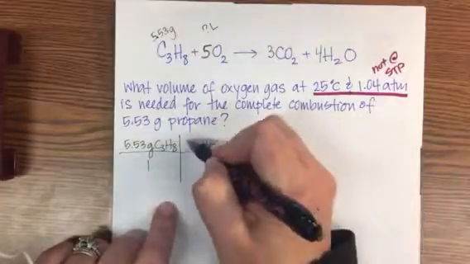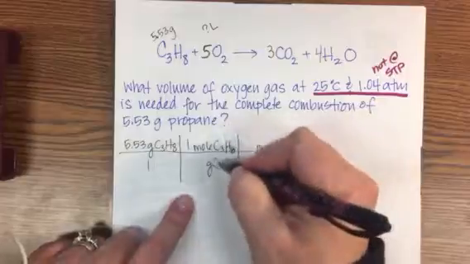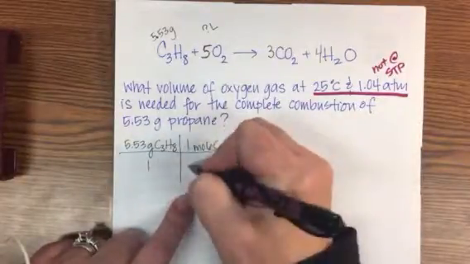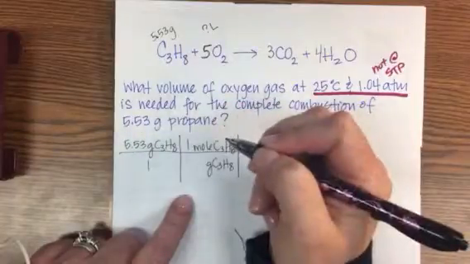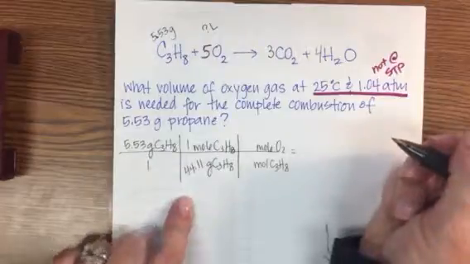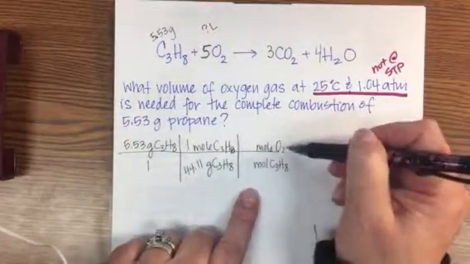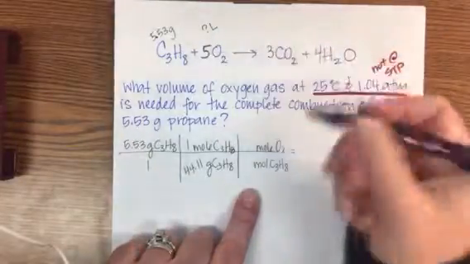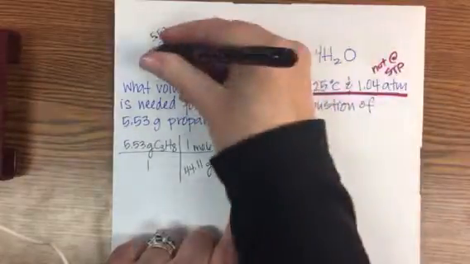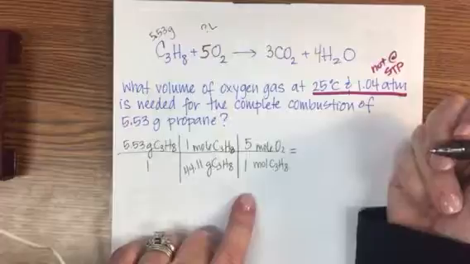Okay, for every 1 mole of propane, we're going to take the molar mass, so 3 times 12.01 plus 8 times 1.01. I calculated it and I got 44.11 grams molar mass. Then this one is our Stoich step. So we have coefficient of 5 that corresponds to moles of oxygen, and coefficient of 1, that invisible 1, that corresponds to moles of propane.